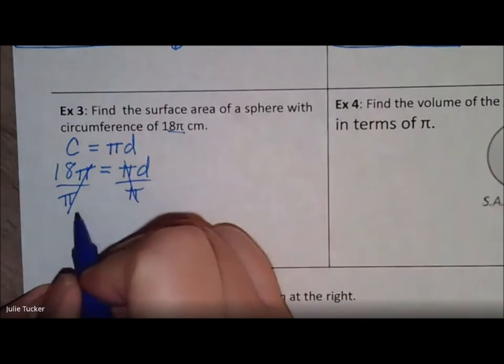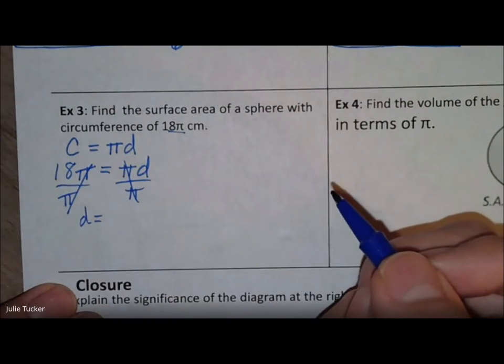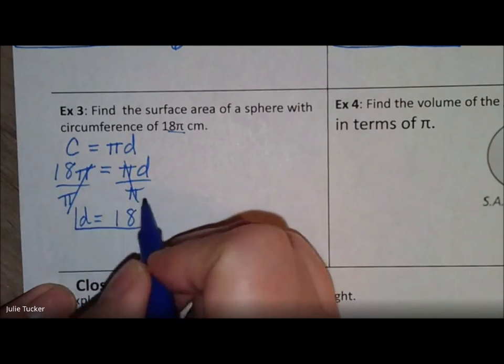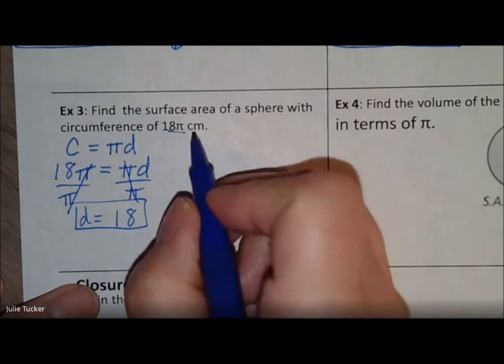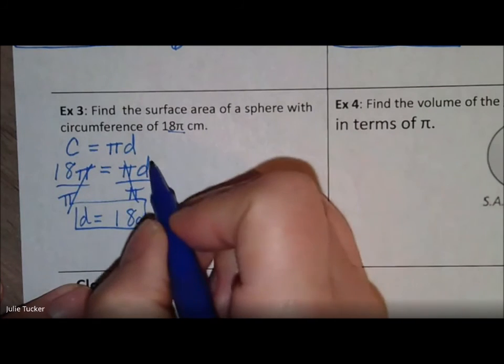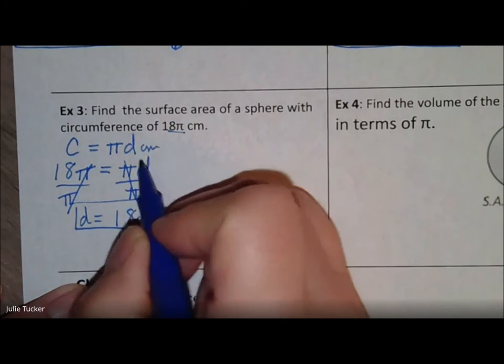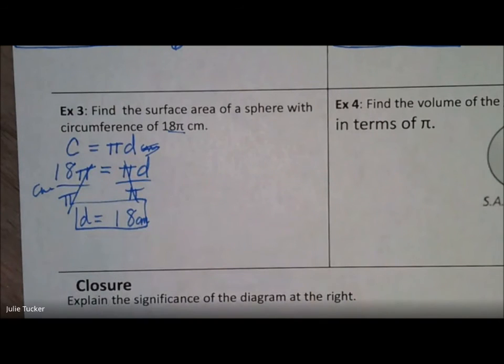So then I have d equals 18. Okay, and it was in centimeters, so I should have put that. No, it's not squared because that was a circumference, so that was just my diameter.